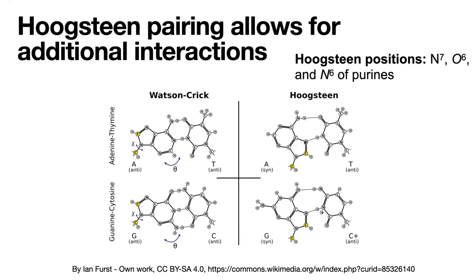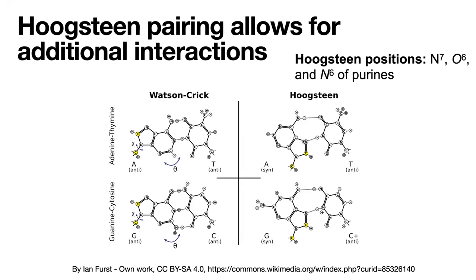I like to think of them as the smaller or less important base pairs, sorry, Hoogsteen pairs, because they're more of a minor contribution to nucleic acid structure. This is the smaller ring of the purine, so that's how you remember which side it is.